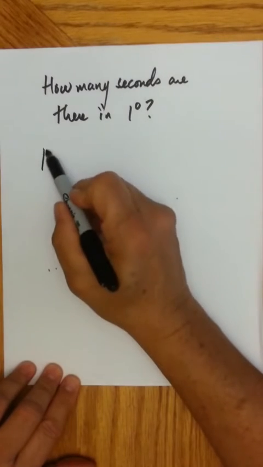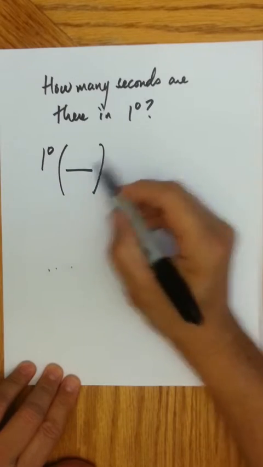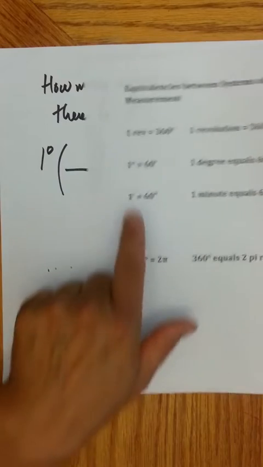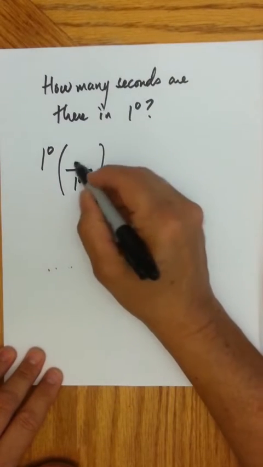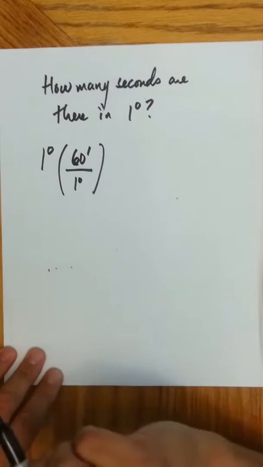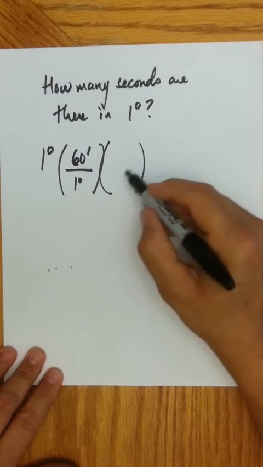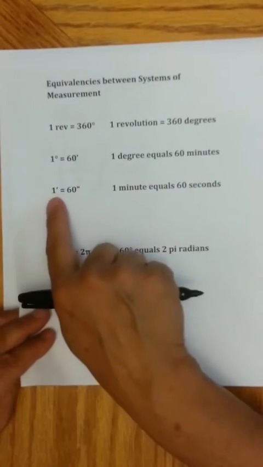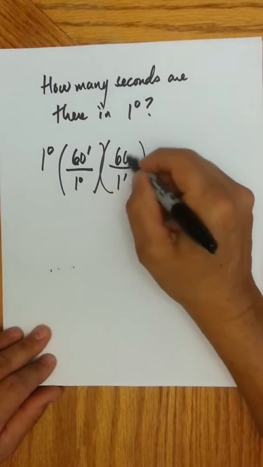What you would start with here is 1 degree, and remember your equivalencies are right here. We know that 1 degree is 60 minutes. So in 1 degree there are 60 minutes. But that leaves me with 60 minutes, and now I want to go into seconds. So I know that in 1 minute there are 60 seconds.